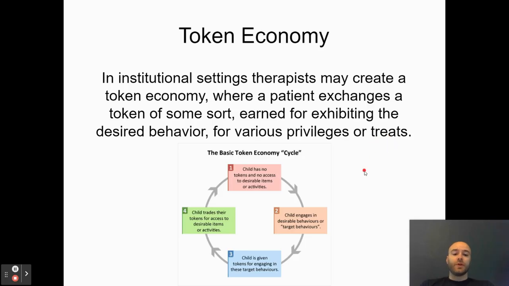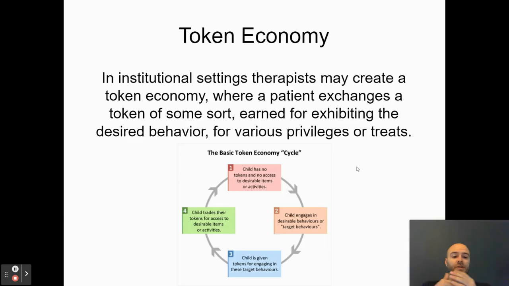So they do this through something called a token economy. In institutional settings specifically, this is where this takes place. Therapists may create a token economy where a patient exchanges a token of some sort that they've earned for exhibiting the desired behavior. And they get to use that token on various privileges or treats or something like that.